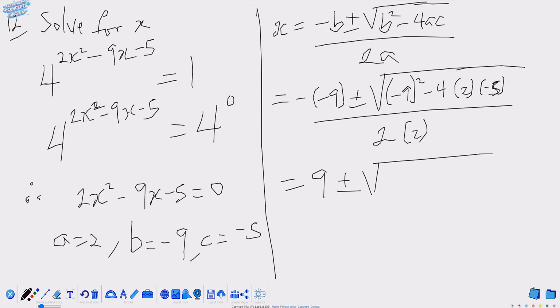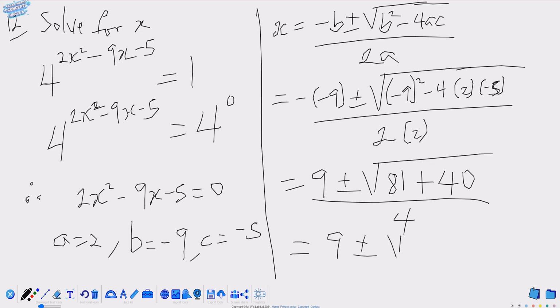Minus times minus 9 gives plus 9. We have plus or minus square root of minus 9 times minus 9, which gives 81, then minus 4 times 2 times minus 5, which is plus 40, everything divided by 4. The root of 121 is 11, so we have 9 plus or minus 11 over 4.